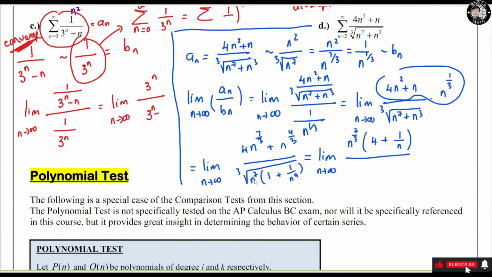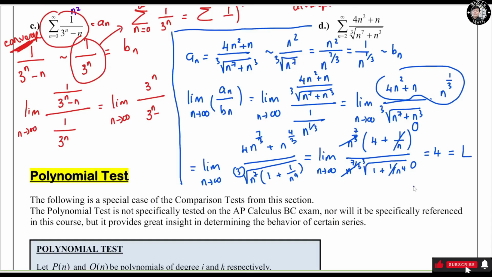I'm going to bring n to the 7 out of the cube root, so it's n to the 7 over 3, don't forget the cube root right here, times the cube root of 1 plus 1 over n to the 4. Now this guy and this guy cancel out. When n approaches infinity, this approaches 0 and this approaches 0, so it's going to be 4. This is a positive and finite number L.